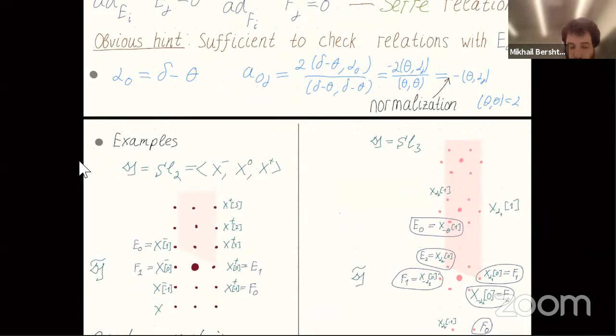The adjoint representation is somehow similar to evaluation because it also has level 0 and also doesn't have a highest weight vector. It depends on what kind of algebra you consider.